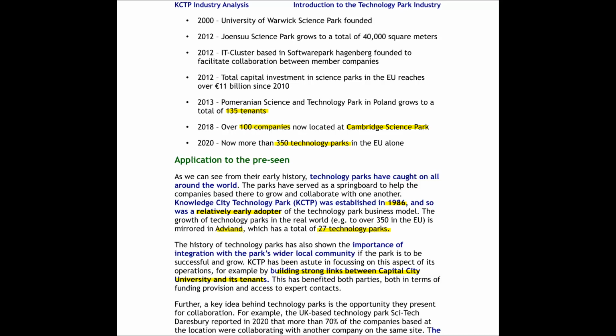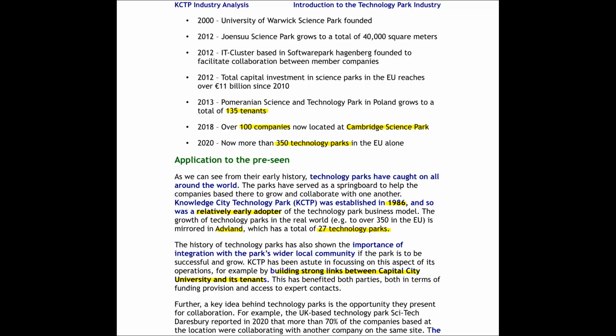So as I've discussed, tenant companies can collaborate with one another and also with academic staff at Capital City University. So by linking academic people with commercial companies, this can attract additional funding to university-related projects and research. And in addition, of course, the tenant companies can benefit from access to such expert input.